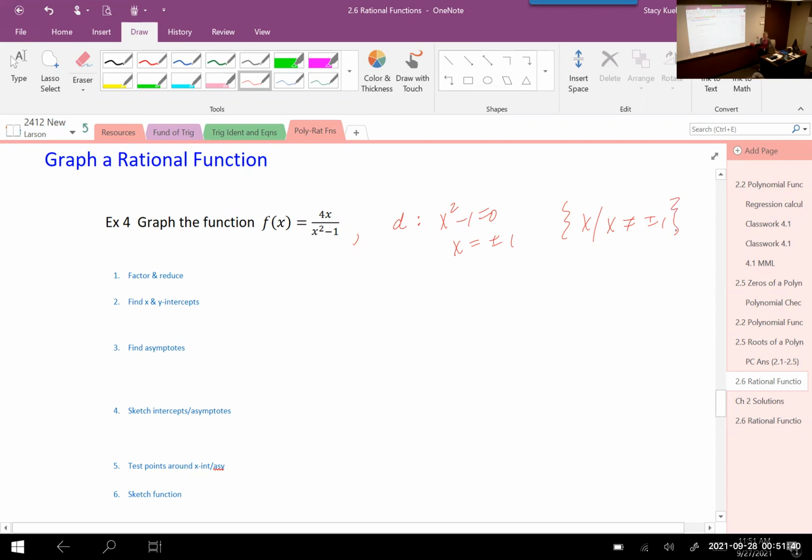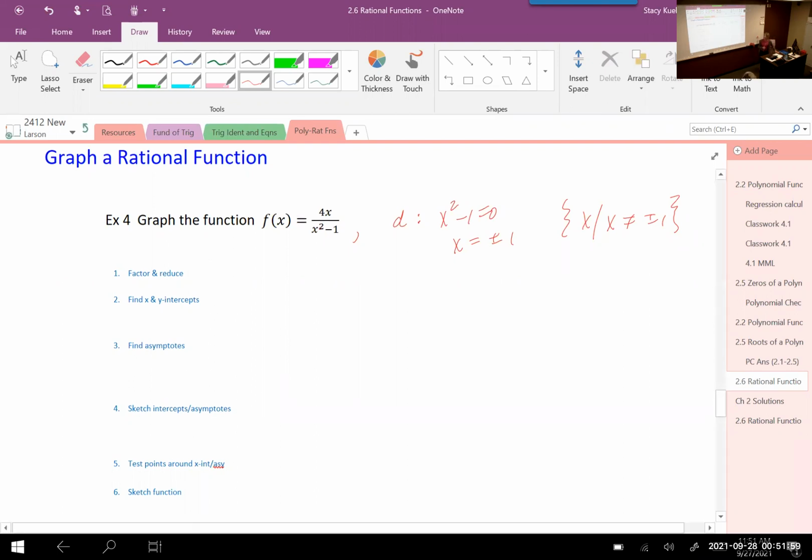So remember that when I'm finding domain, I want to look at the values that cause the denominator to be 0 before I ever factor it. So it's a good thing to answer that question if you're being asked that question. All right, now, if we're looking at the function 4x over x squared minus 1, can I reduce it?